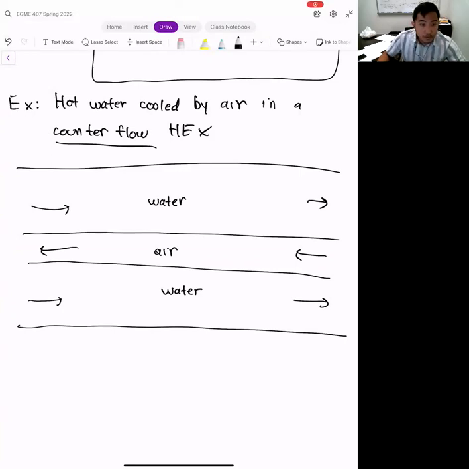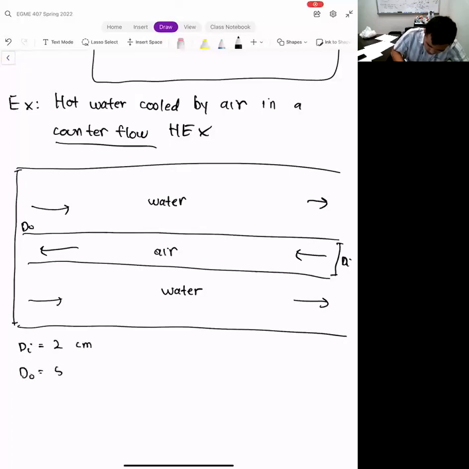What we're going to assume is that the inner diameter is di and the outer diameter is do. We're going to say that di is equal to 2 centimeters, do is equal to 5 centimeters. We'll assume that the wall that separates the air and the water has negligible resistance, so there's no thickness there.